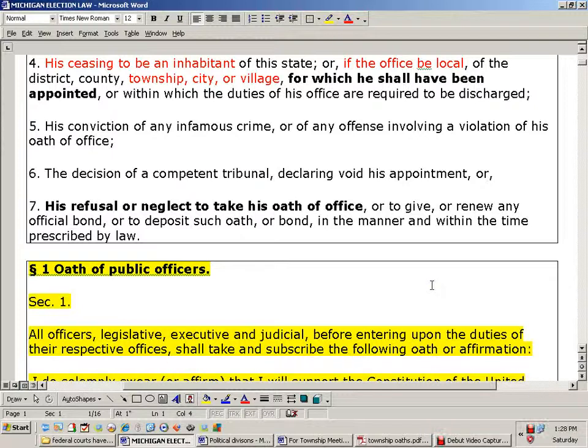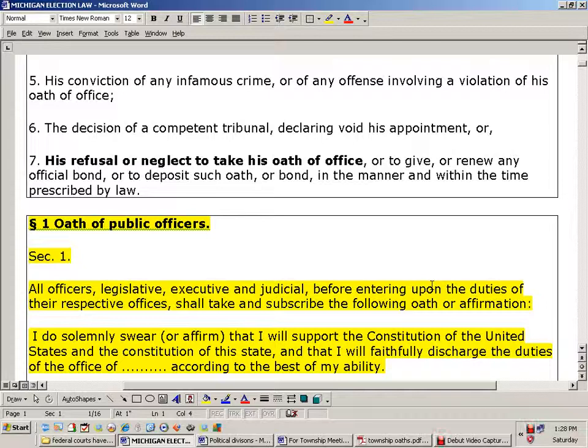So what does the Constitution of Michigan say you need to take if you want to be an officer here? Well, this is it. I do solemnly swear that I will support the Constitution of the United States and the Constitution of this state, and that I will faithfully discharge the duties of the office of whatever the office is according to the best of my ability.